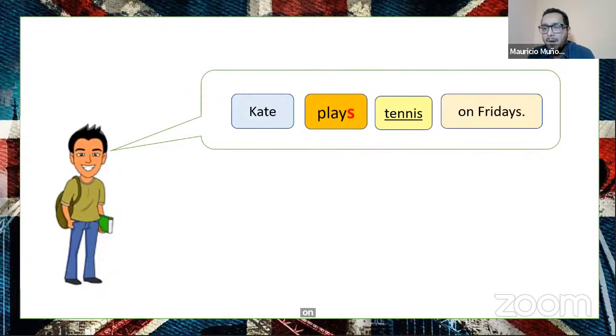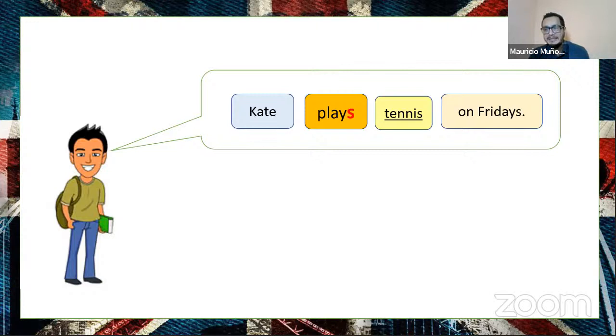This is another positive sentence. This sentence is affirmative in the third person. Es una oración afirmativa en tercera persona. Tiene subrayada la palabra tenis, deporte. She can play tennis on Friday.